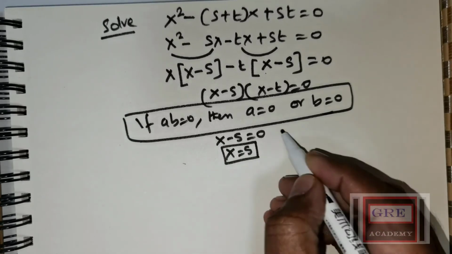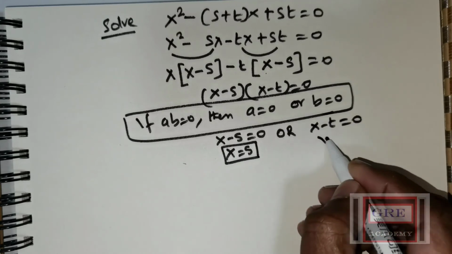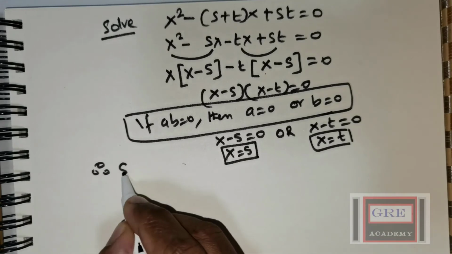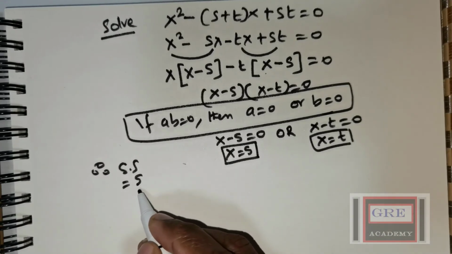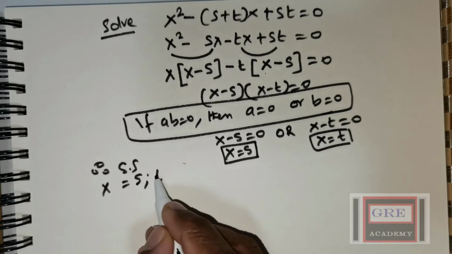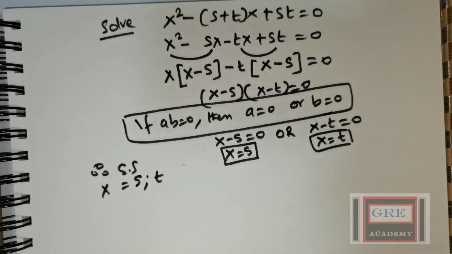You can box the result. Or x minus t is equal to 0, you can write this as x is equal to t. So the solution set should be the values of x: s and t. That is the solution for this particular question.